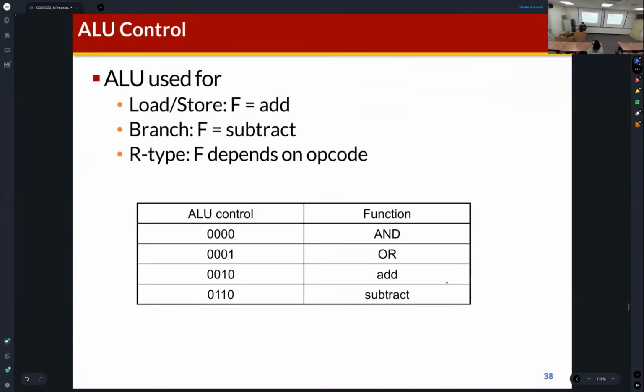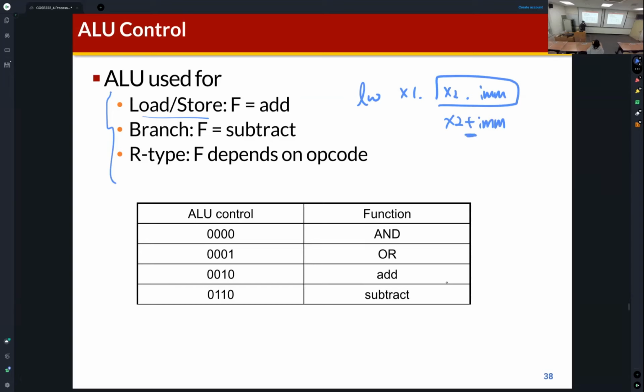Okay, let's see which operation is required for ALU. As I explained, the ALU is required for load and store instructions. If we see the load instruction like load word X1, X2 and immediate, then in order to calculate the address of the load instruction, it performs X2 plus immediate, right? So for the load and store instructions, ALU needs to perform add operations.